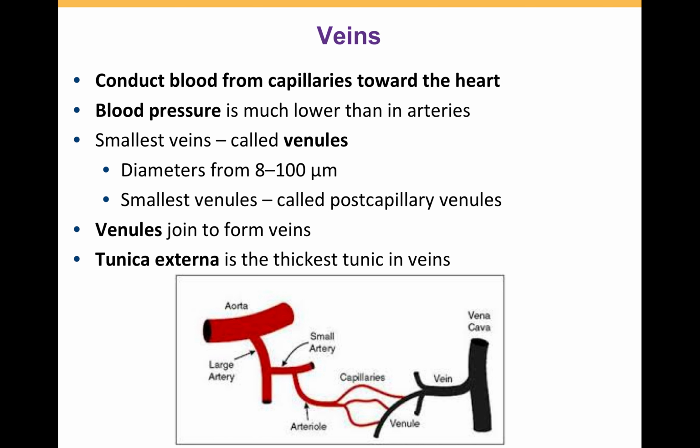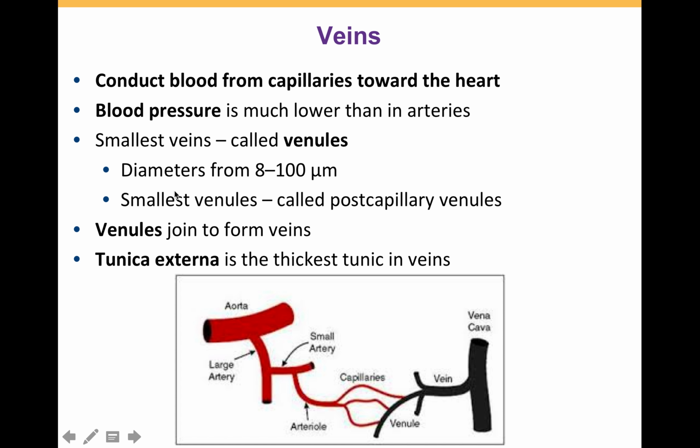Now, when we're talking about blood being picked up away from the capillaries, the first category of blood vessels you see are referred to as venules. So notice how capillaries are basically emptying into these smaller blood vessels referred to as venules. Structurally, it's similar in the sense that arterioles go to the capillaries and venules pick up from the capillaries.